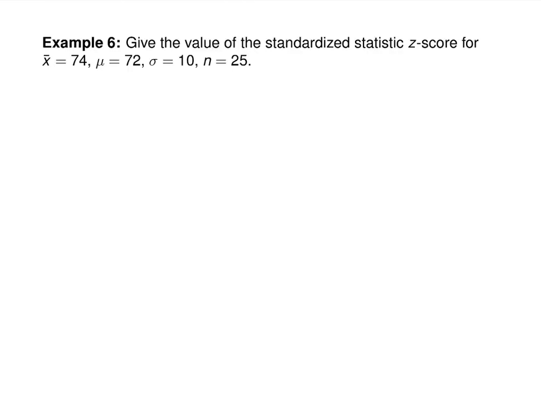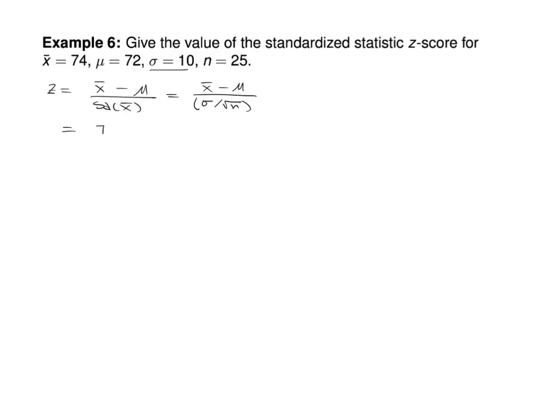Give the value of the standardized z-score for this information, and notice that we're doing the z-score here, not the t-score, because we're given sigma exactly. So z is equal to x bar minus mu over the standard deviation of x bar, and the standard deviation of x bar was given by sigma over root n.